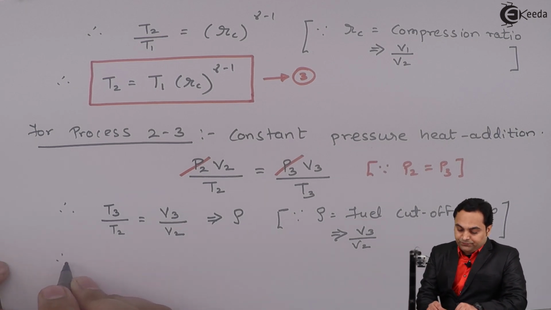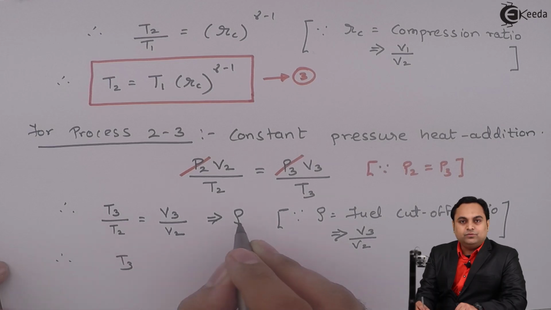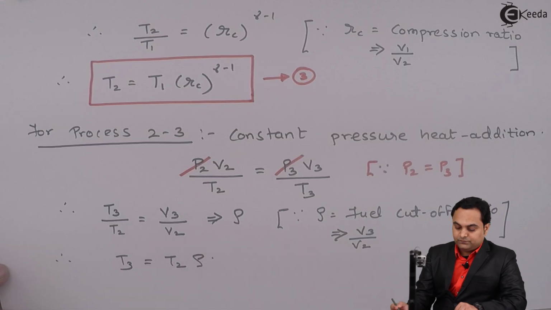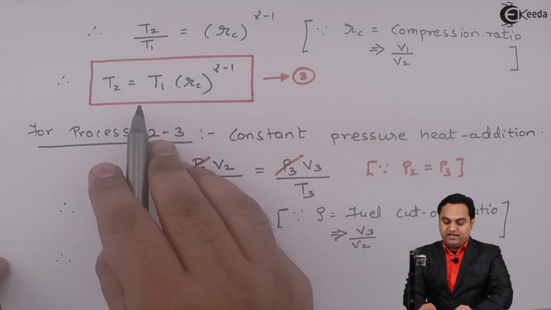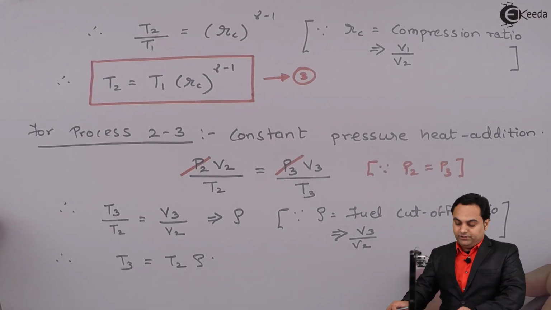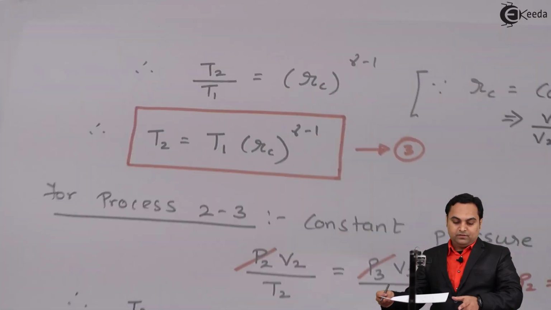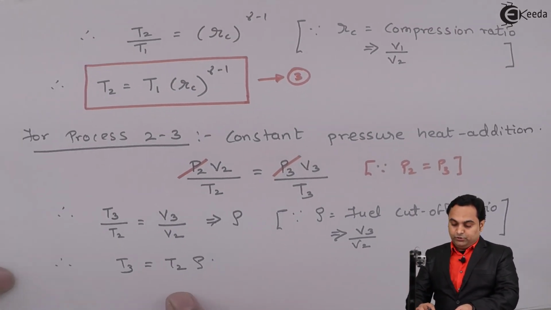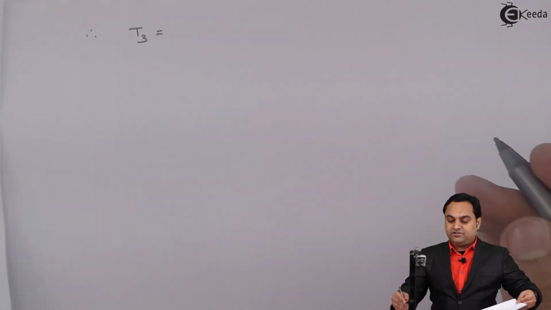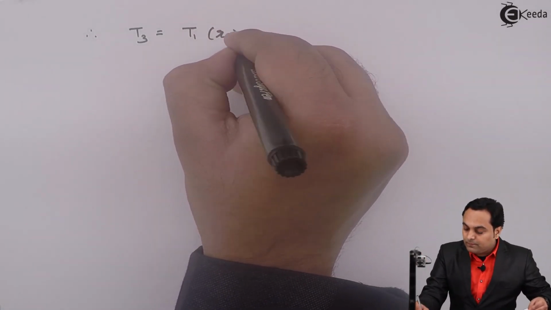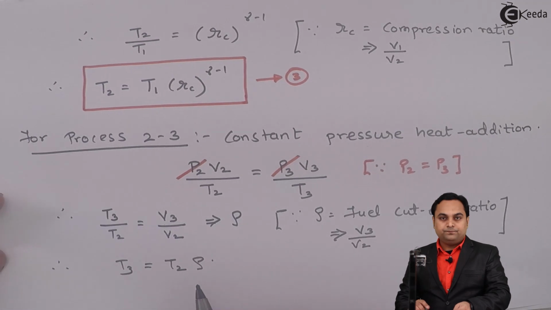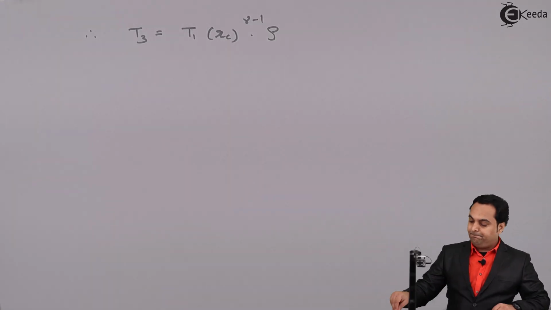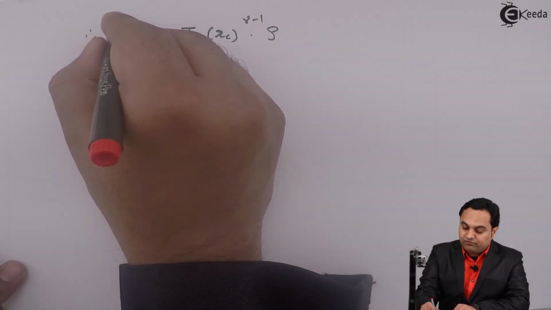Next, therefore T3 will be equal to, I'll send T2 to the other side, so T3 will become T2 into rho. Next, from equation 3 we have the value of T2 that I am going to put here, so T3 will be equal to T1 into RC raised to gamma minus 1, into rho. So here I have this value of T3. I'll keep this as equation number 4.